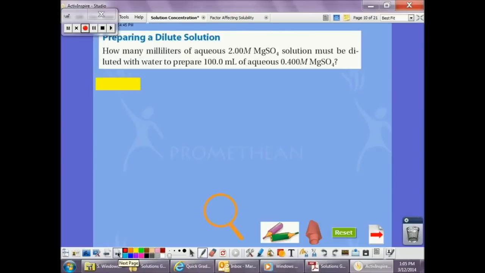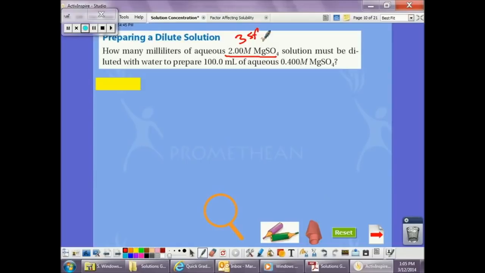How many milliliters? This is our last problem. How many milliliters of aqueous 2.00 molar, let me underline my given. This is one of my given. How many sig figs here? It is 3. 3 sig figs.